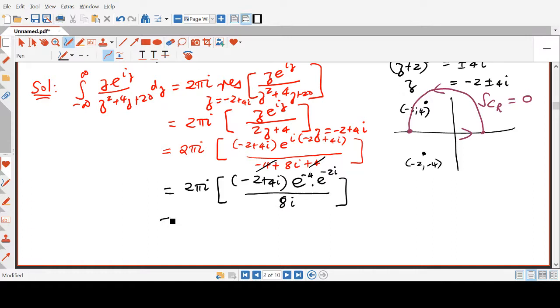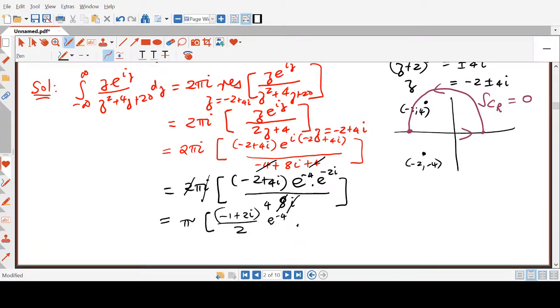Right, so now we are almost ready to end this. It's 2 pi i. The i's will cancel off, of course. 2 goes into 8i 4 times. The pi is still there. So 4 goes into the top there. It will be minus 1 plus 2i all upon 2, e to the minus 4.